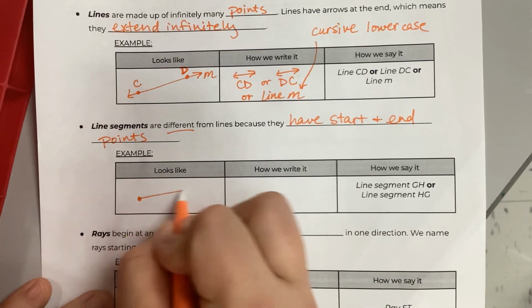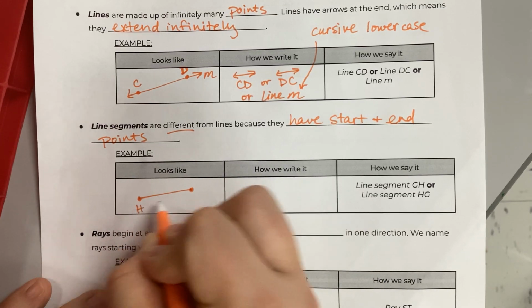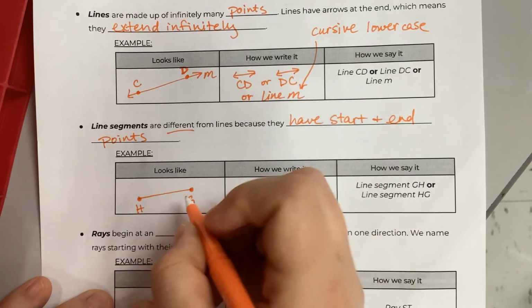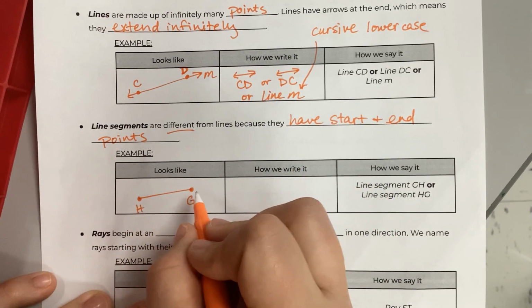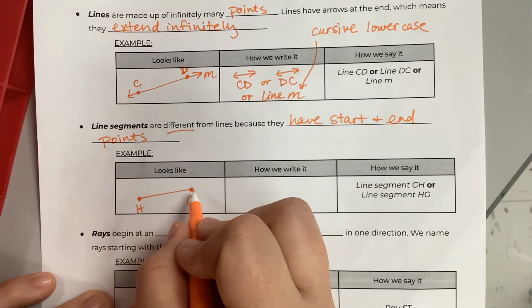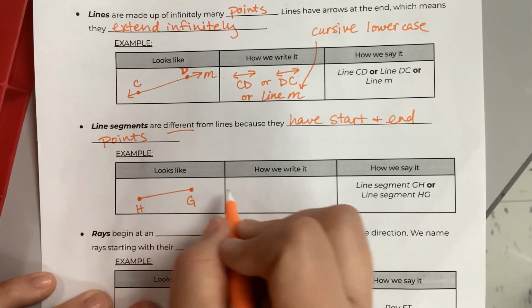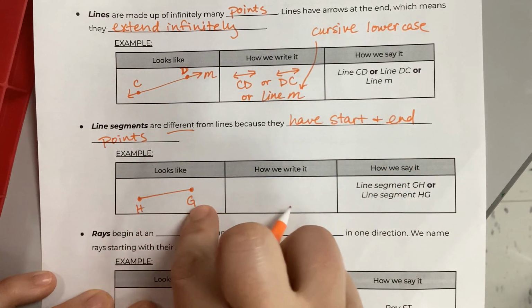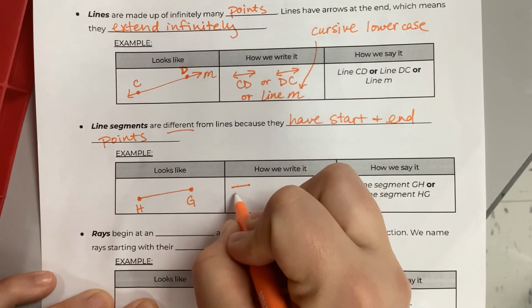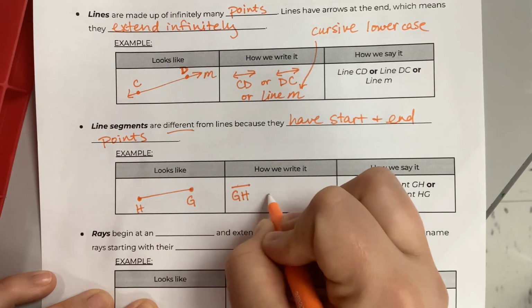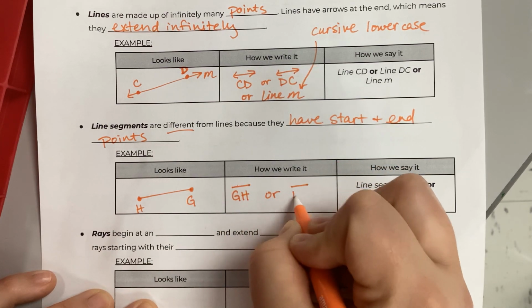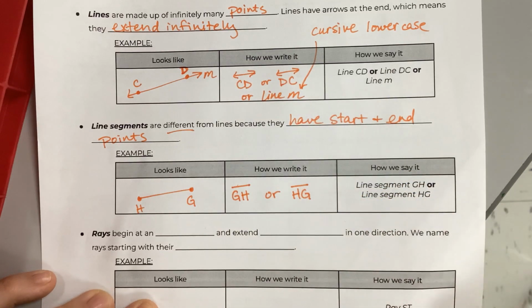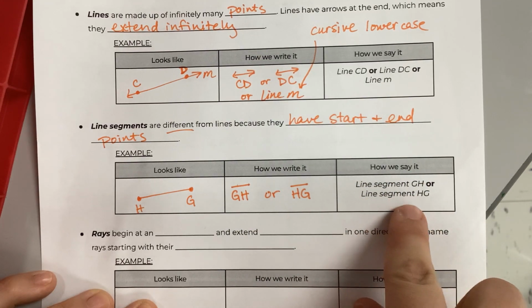So if I have this figure, this line segment starts and ends between G and H. All right, so we could write this line segment as line segment GH or line segment HG, and that's how we would say each of those.